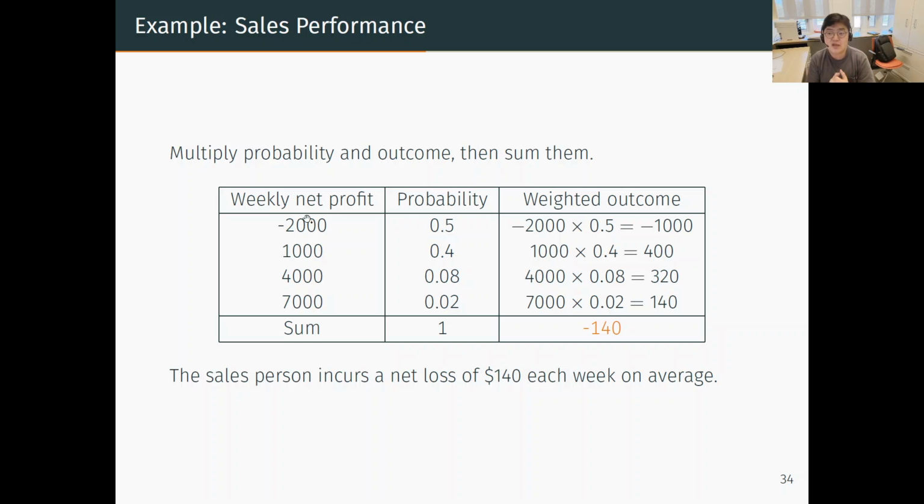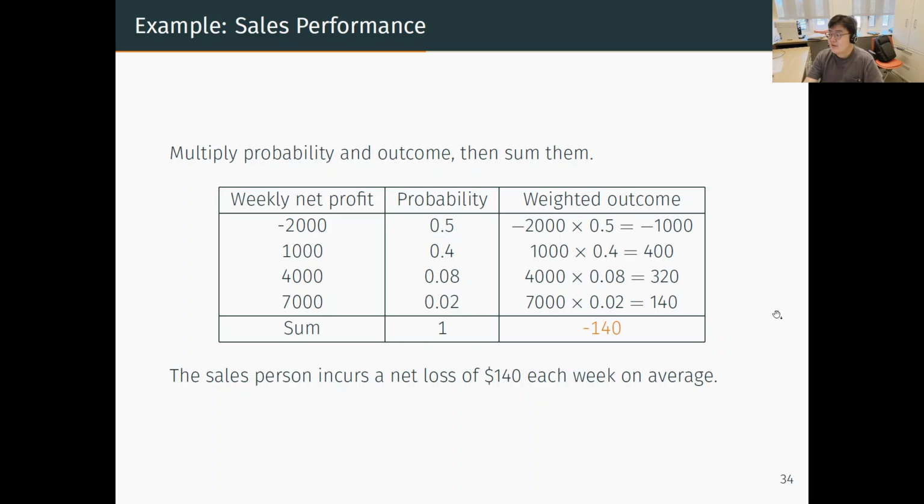So it's hard to tell how she's doing without calculating the average. But when you calculate the average, it nicely summarizes her performance in one number. Basically, she does not deserve the salary. You may fire her or lower her salary. That's justified by this average, and as I said, the average helps you make an easier decision, easier comparison, easier evaluation.